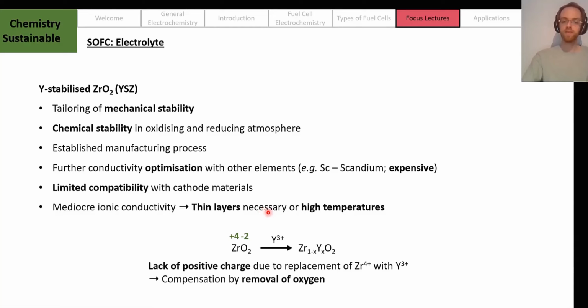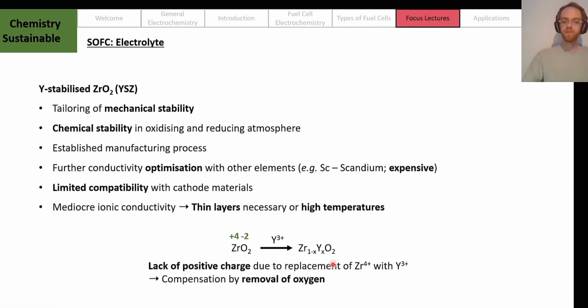First of all, a safety hazard, because high temperature makes the cell more risky to run. Thin layers also make it more prone to cell failure. And because high temperatures have to be reached, you have to invest a lot of energy to run this cell at high temperatures. Of course, at some point it will be self-sustaining.